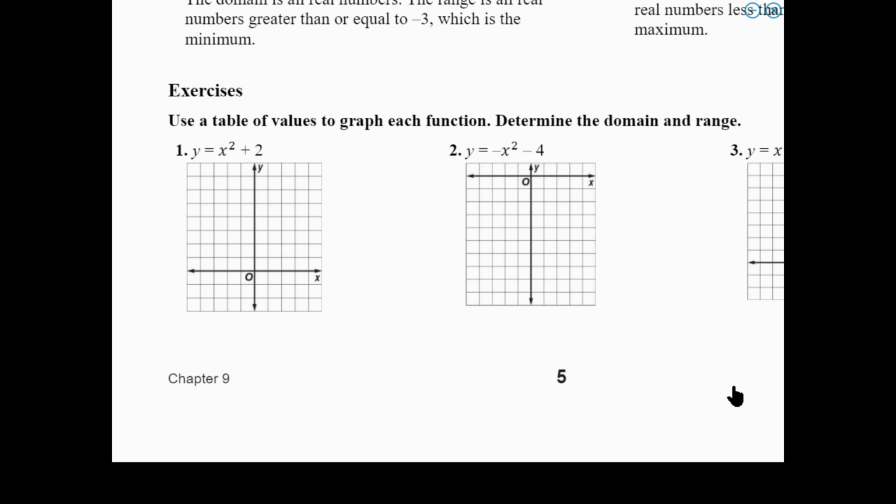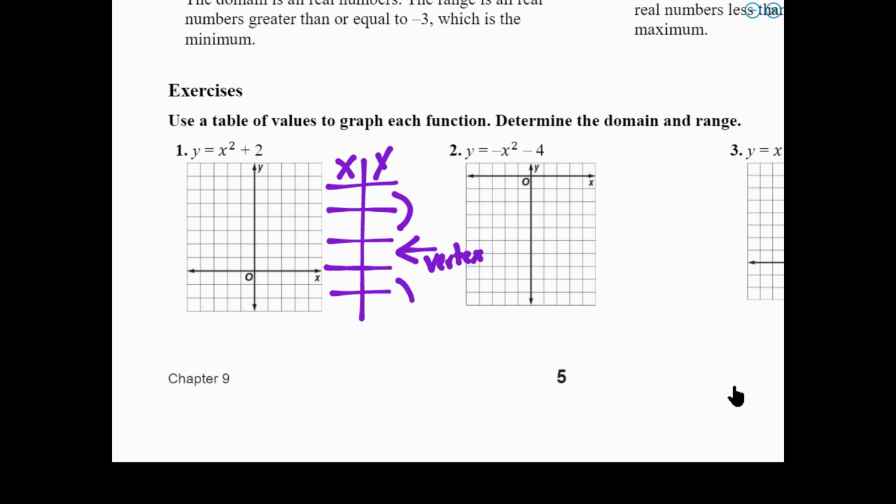So now on this paper, on the examples that we're doing here, I want you to make a table. You need five points. Once you get it to graph in this place right here, put the vertex in the middle so that you can find two numbers on one side and two numbers on the other side of it.